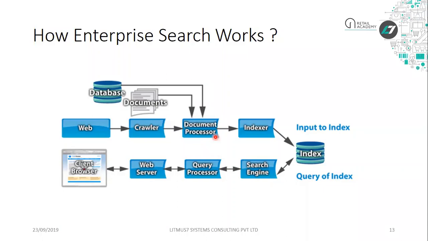Whatever the source data is, it will be transformed to some other format defined in the document processor, and then there will be an indexer. This indexer is responsible for doing the indexing operation, and at the end of the indexing operation, it will generate the index files. And that is about the indexing.